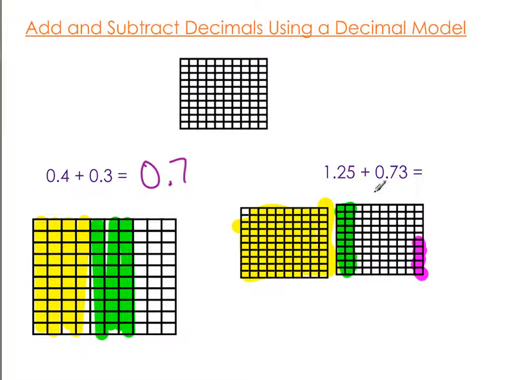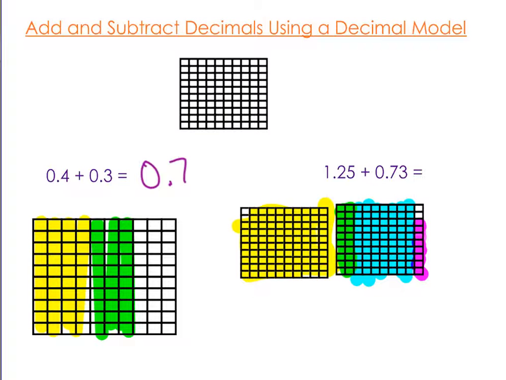Okay, then I'm going to add 0 whole ones, and 7/10, so I'm going to put on 7 more tenths. 1, 2, 3, 4, 5, 6, 7, and 3/100. So I need 3 more squares. 1, 2, 3. Oh, look at that, there's 2 left.